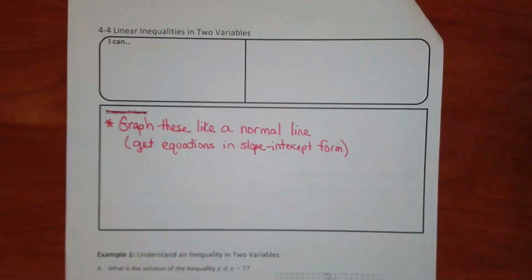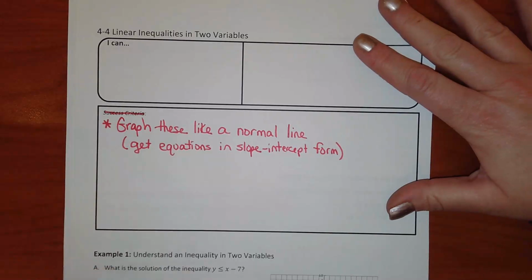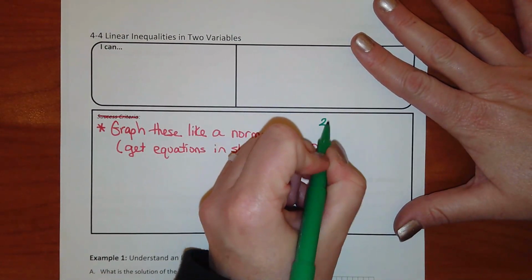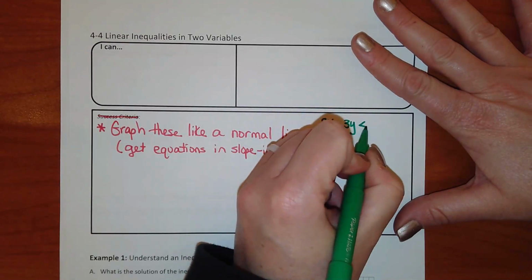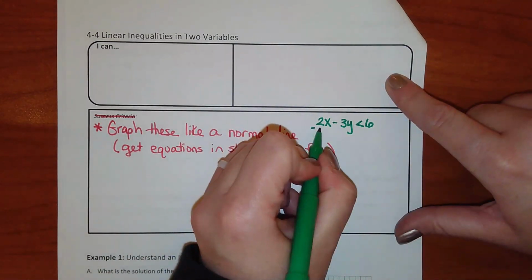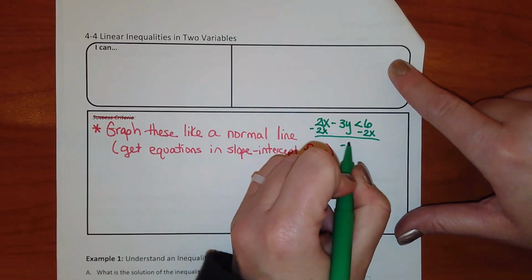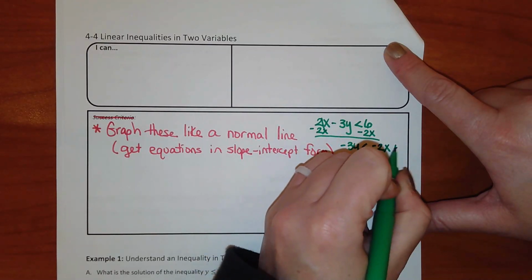Here's the thing though, you're going to see some problems that say like, here we go, 2x minus 3y is less than 6. And when you go to get that into slope-intercept form, you would subtract 2x. You'd have negative 3y is less than negative 2x plus 6.